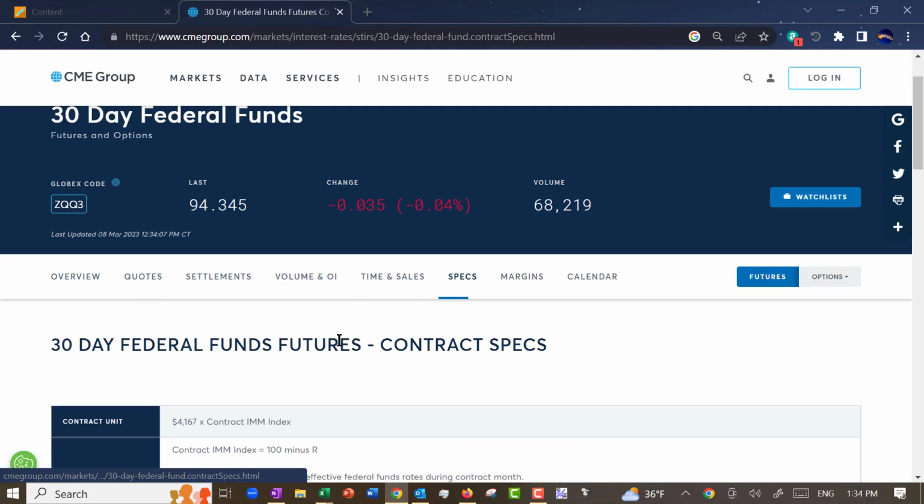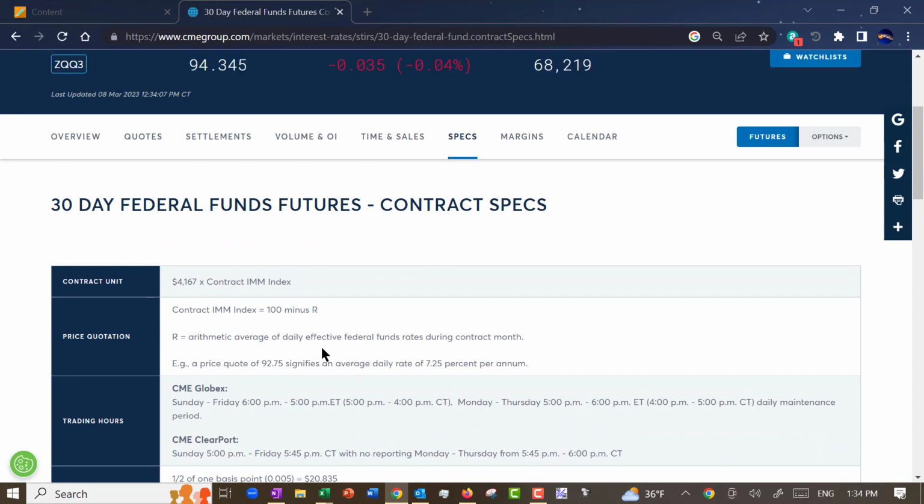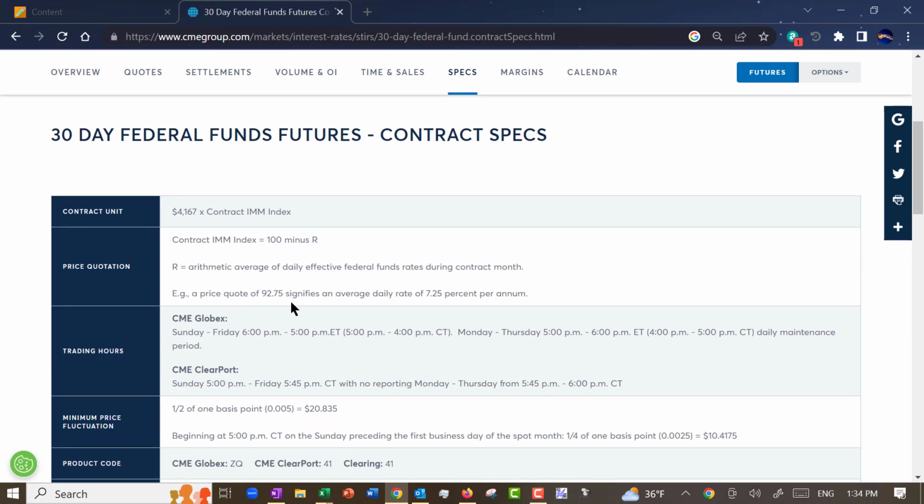Let's look at the specs. Contract unit is $41.67 times the index, where the index is 100 minus the reference rate. That means each basis point essentially corresponds to $41.67.